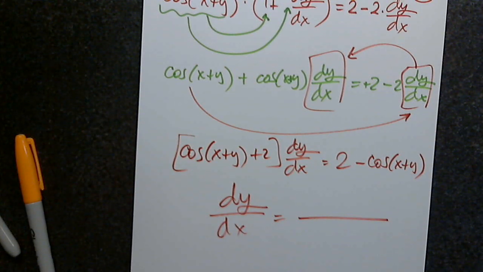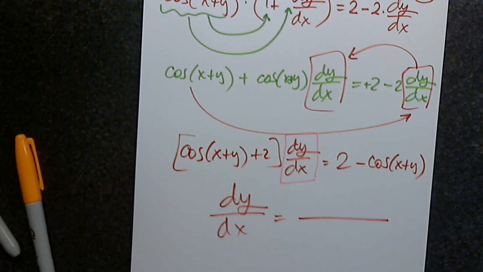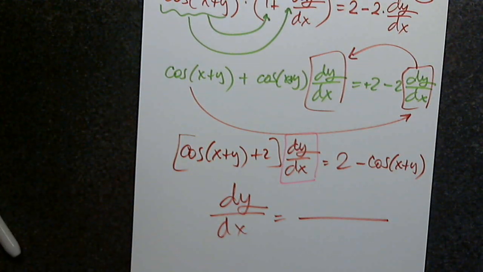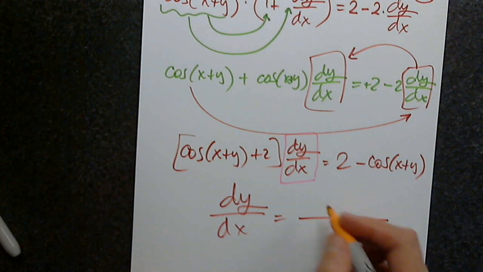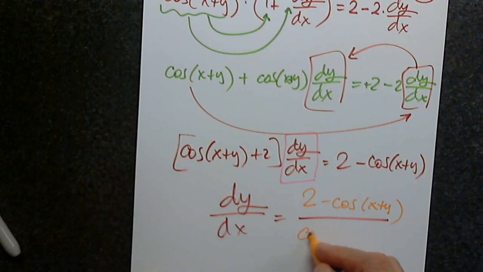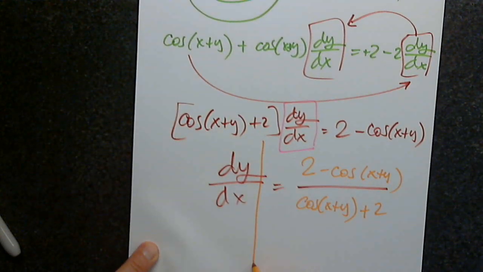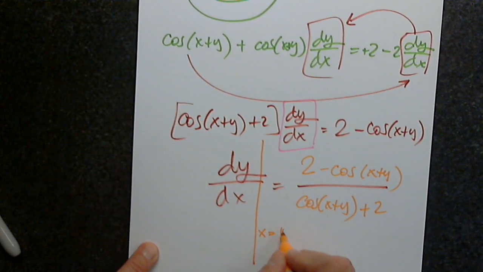So we are after this, and what do we write? Two minus cosine of x plus y over cosine of x plus y plus 2. And now I want when x is pi and y is pi.